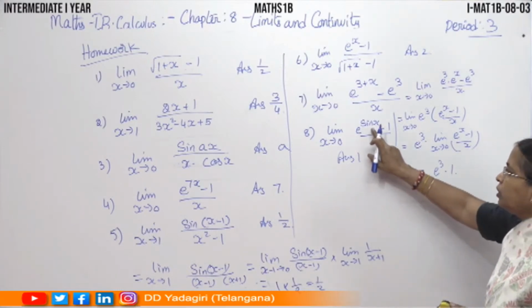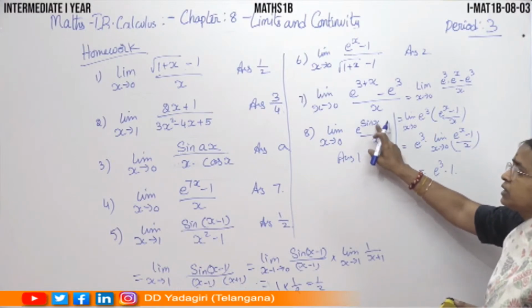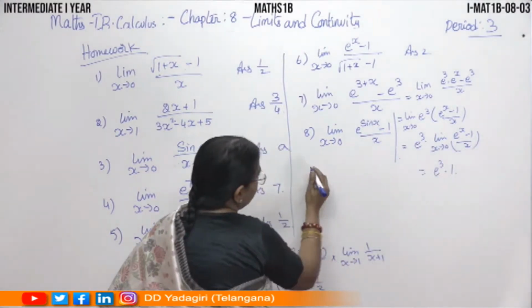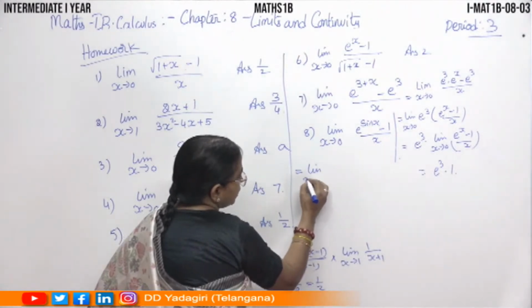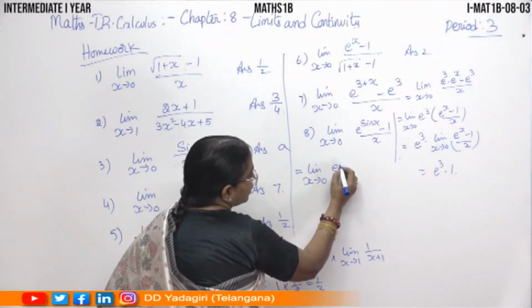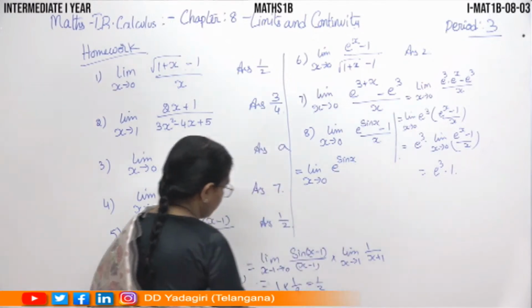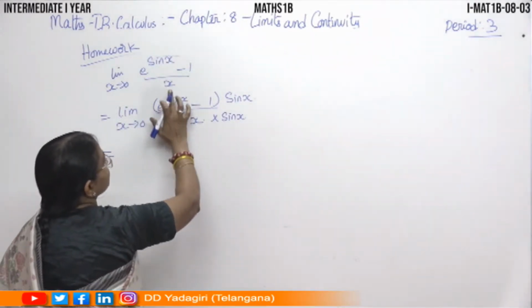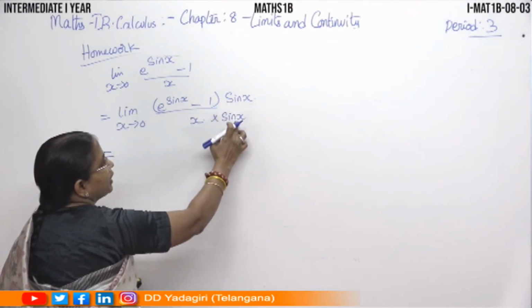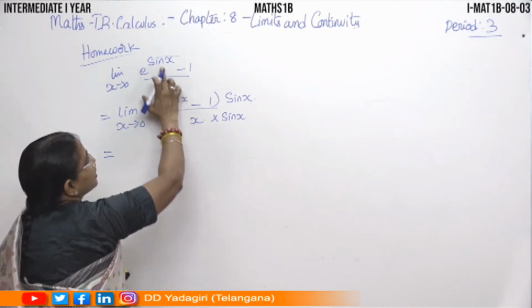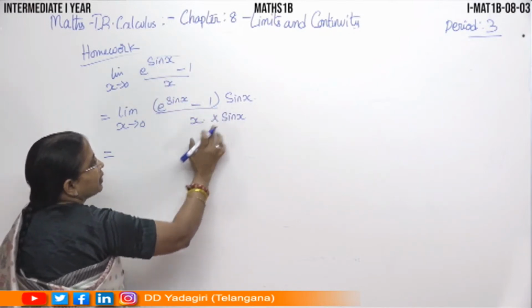Now here what you do is sin x. Instead of e power x minus 1 by x, you have sin x. So here also you will write limit x tending to 0 of e to the power sin x minus 1 by x. Okay, I'll do this problem. We multiply and divide by x to reduce it to the standard form. In the place of x we have sin x, so we multiply and divide.